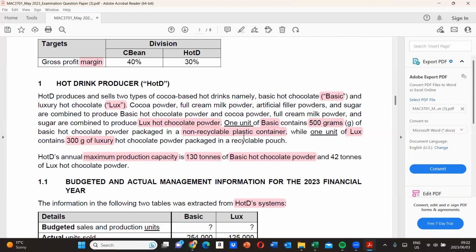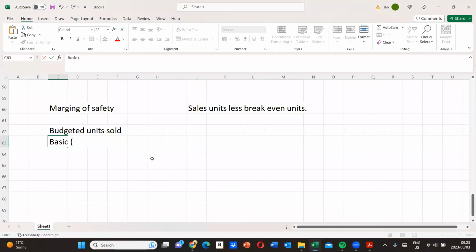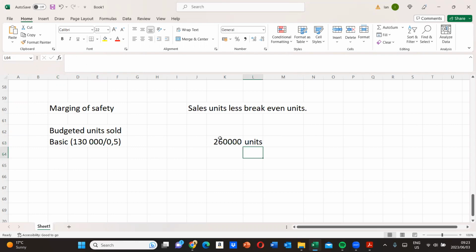So let's determine how many units the company is actually selling. We can divide 130,000 by 0.5 to get the number of units the company is producing and selling. So 130 divided by 0.5 gives 260,000 units of basic.